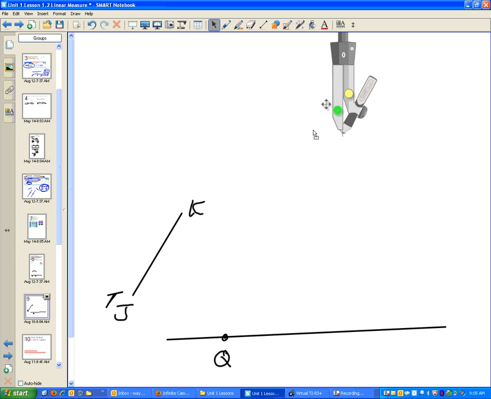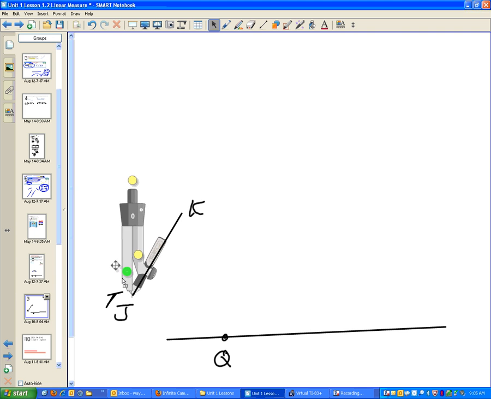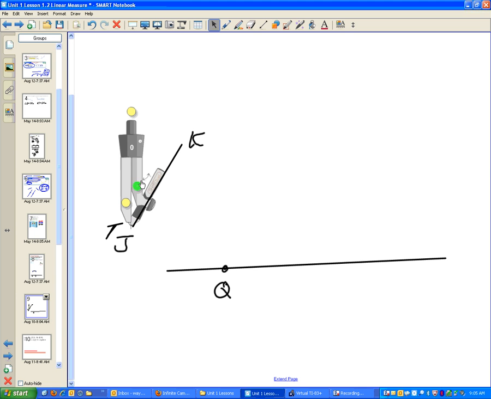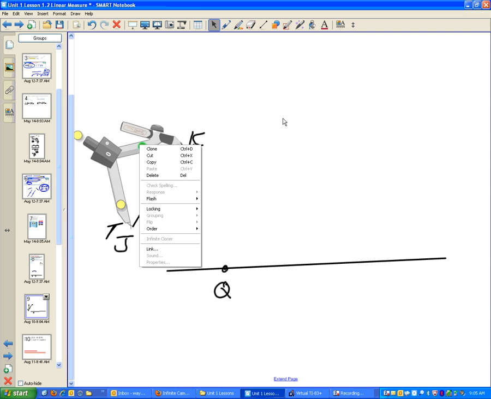Then I get the compass. Put one end at J. Stretch it out so that the other end is at K. Okay? So, don't change that distance. I've got the length between J and K on my compass.